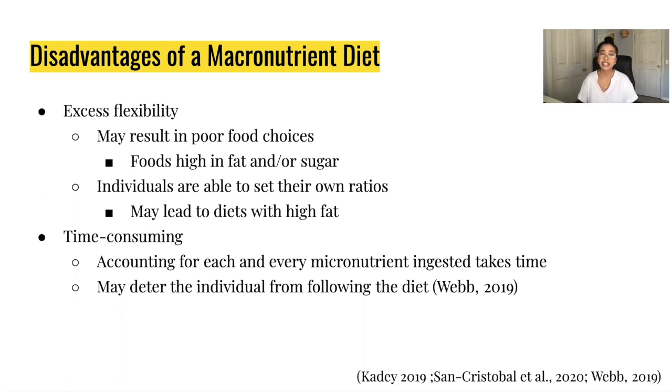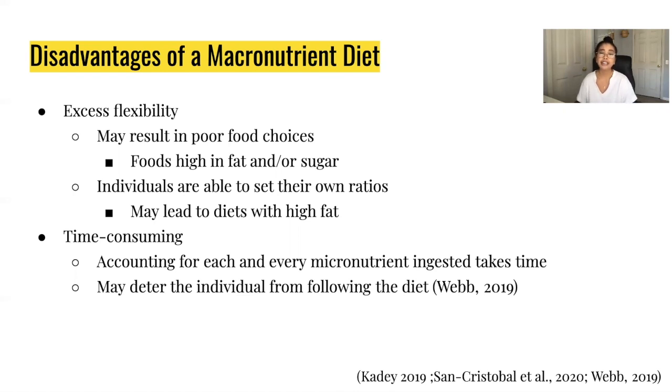And it's seen in the literature that frequent consumption of sugars and fats seem to be contributors to obesity. So the excess flexibility with the macronutrient diet may eventually harm an individual's health. So besides its excess flexibility, its time-consuming nature is also a disadvantage of the macronutrient diet.